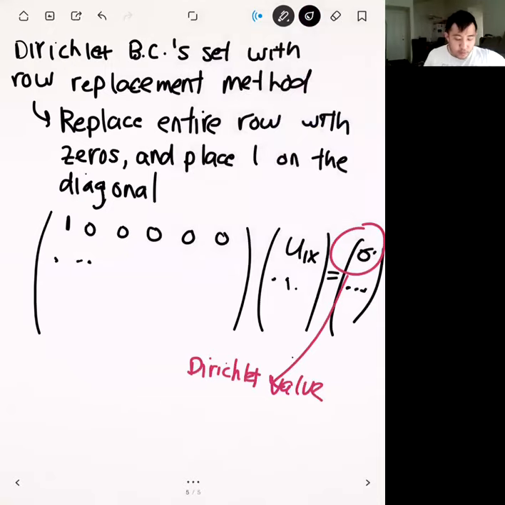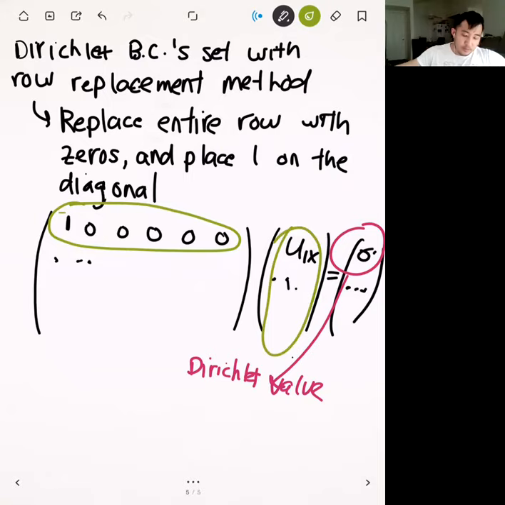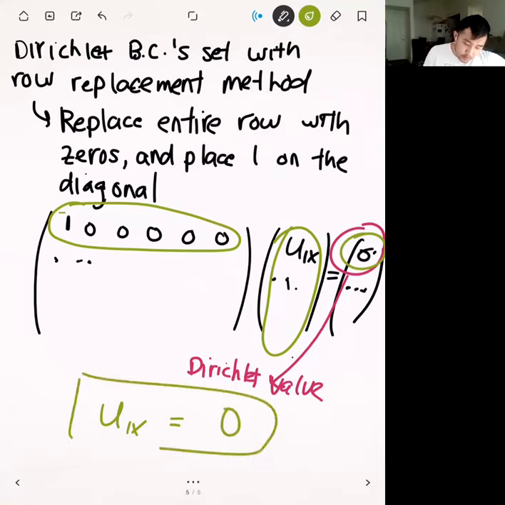Because if you actually perform the matrix multiplication of this row, the row where you have the Dirichlet boundary condition, and the solution vector, then on the left-hand side you get u, in this case u1x, or whatever variable you have over there, and this has to be equal to whatever is given in this entry right here on the right-hand side. Since we have 0 right there, that's going to be ux is equal to 0.